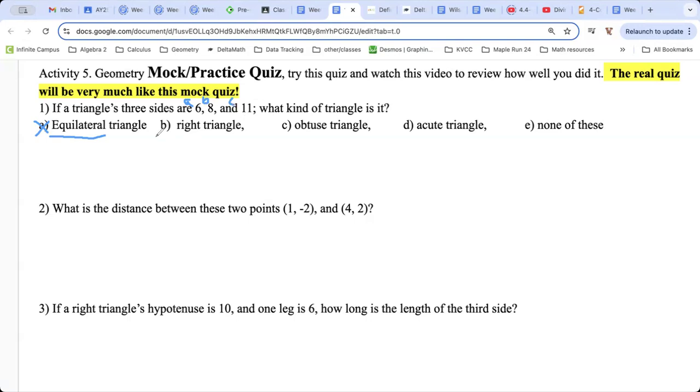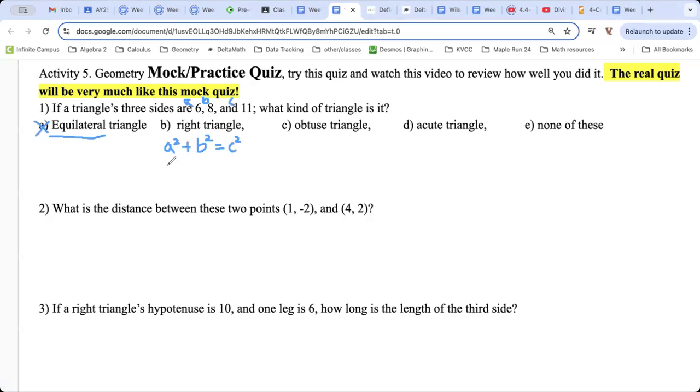Okay, so now, if it's a right triangle, A squared plus B squared has got to equal C squared. If it's a right triangle, both sides have to exactly equal, because that's what the ancient Pythagoreans had figured out.